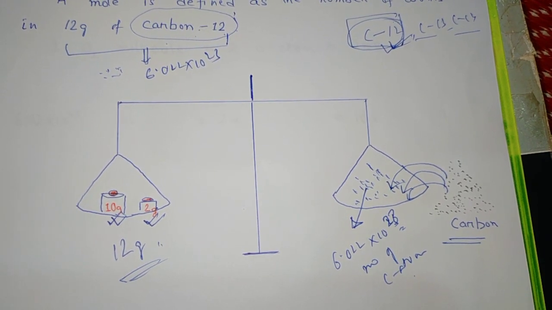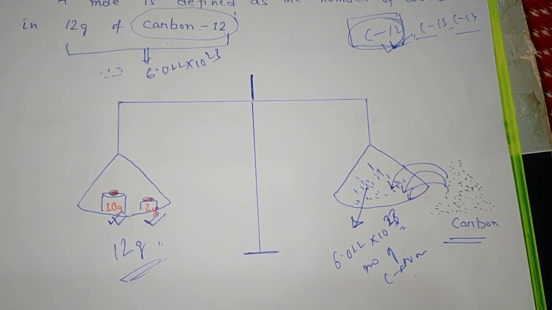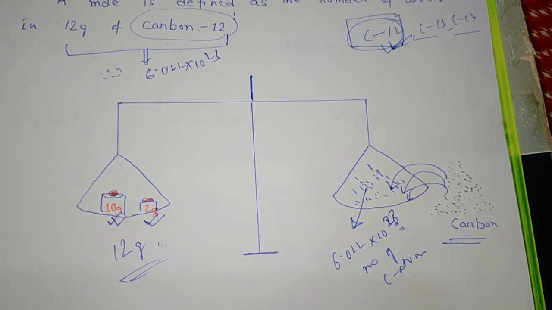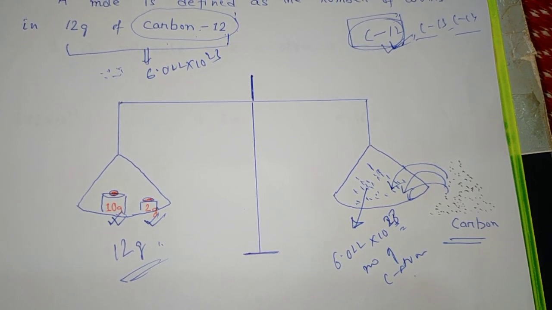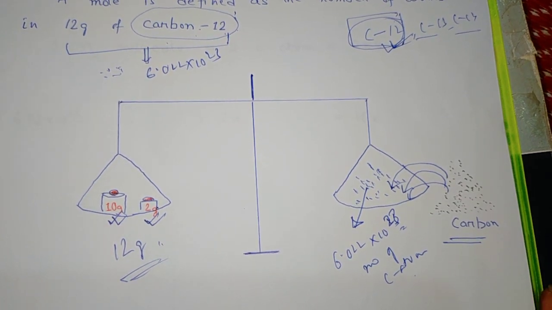Now instead of carbon, if you use oxygen, whose atomic mass we remember is 16 gram, for that we have to take 6.02 × 10^23 atoms.